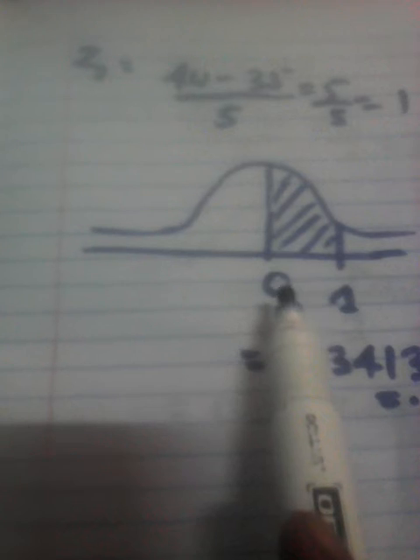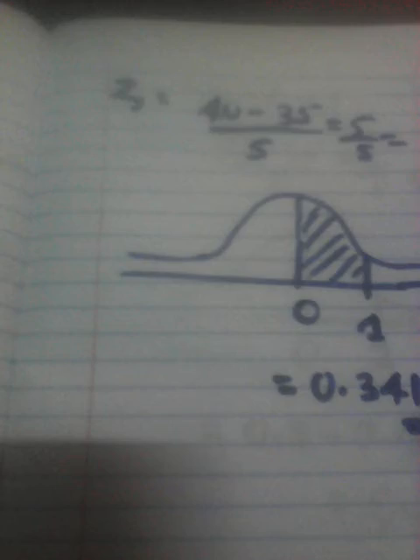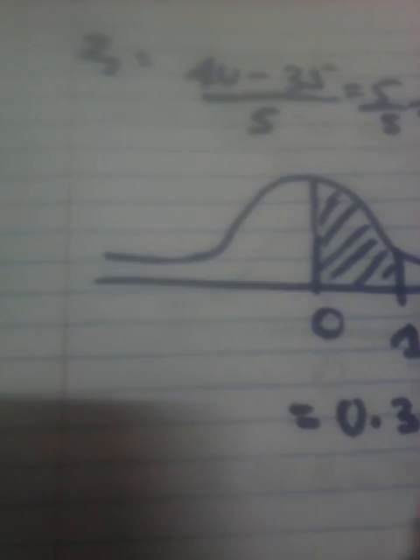So what we are looking at is the area between 0 and 1. From our normal distribution table, when I find 1.0 here, you can see the area is 0.3413, and that now becomes our answer in that case.